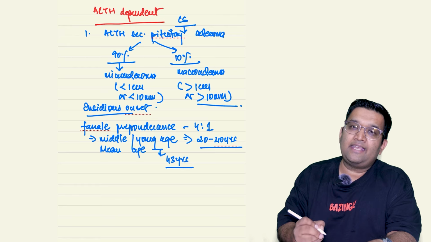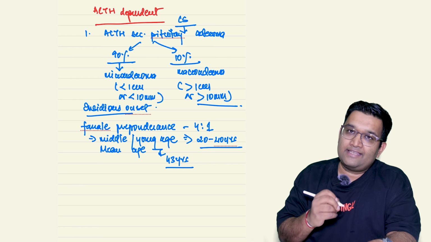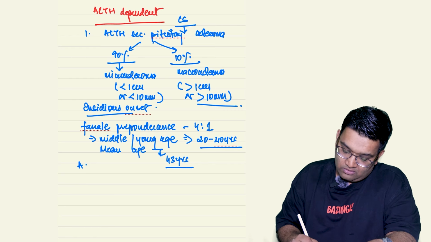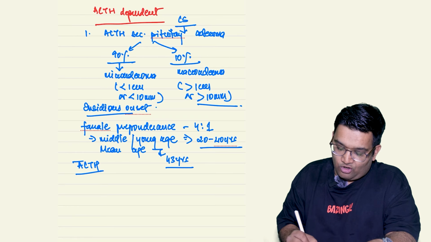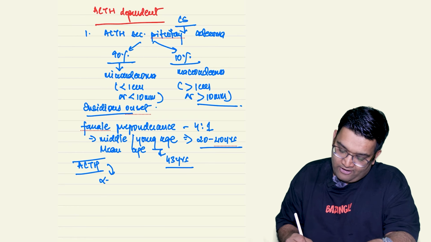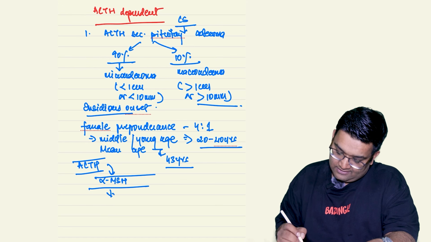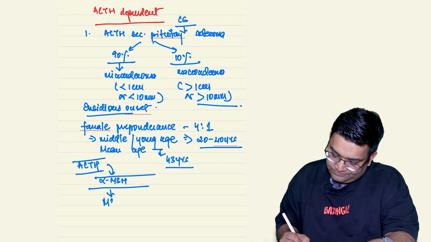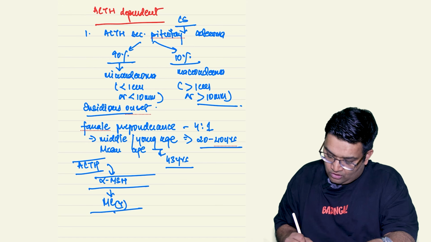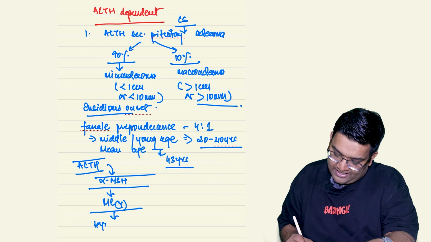Because it is an ACTH dependent cause, the ACTH is going to also have along with it alpha MSH. This will further act on the receptors and this will cause hyperpigmentation.